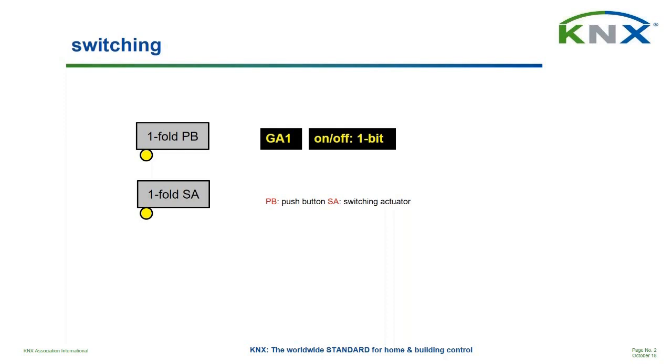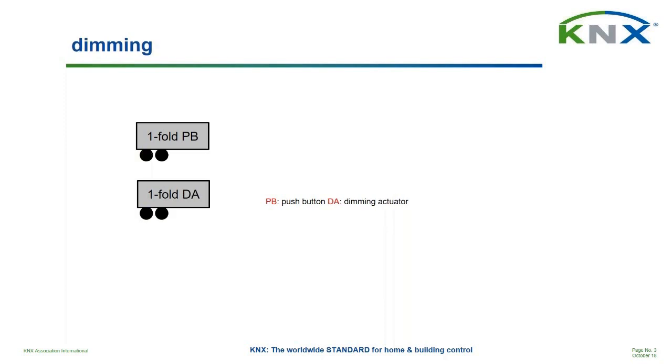So I guess this is quite clear, and all the rest is built on or based on this principle. So also dimming is based on this same principle. We need devices with objects. So here a 1-fold push button, however this time with two objects.